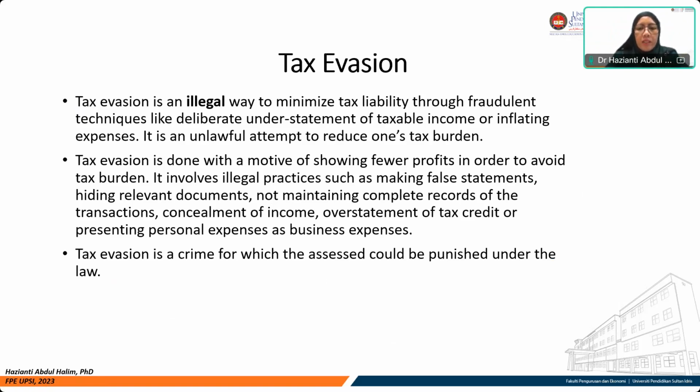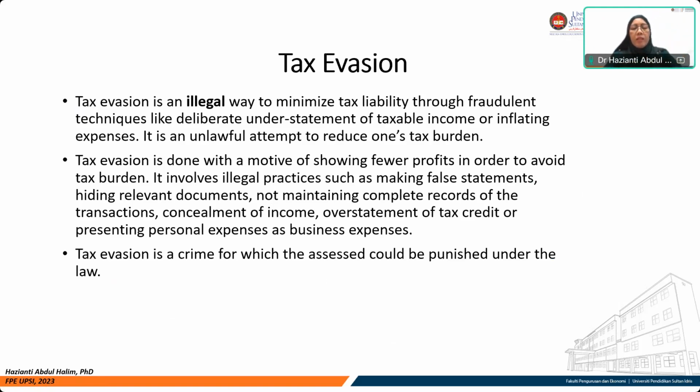Some practices can include making false statements, hiding relevant documents. For example, they have more sales, but they only report half of the sales. Why? Because they want to pay less taxes. Others include not maintaining complete records of the transaction, concealment of income, overstatement of tax credit, or presenting personal expenses as business expenses.